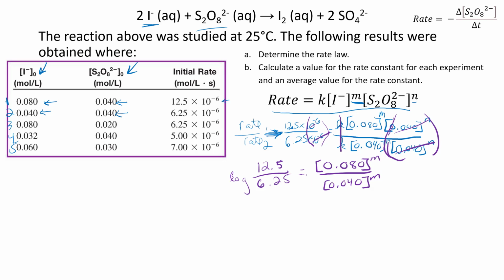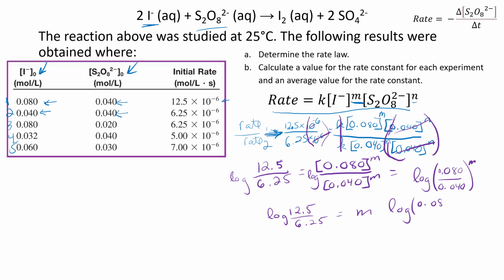Well, this means all of this can be rewritten as 0.080 over 0.040 all raised to the m. And then when I take the log of this, I have the log of 12.5 over 6.25 equals m times the log of 0.080 over 0.040.